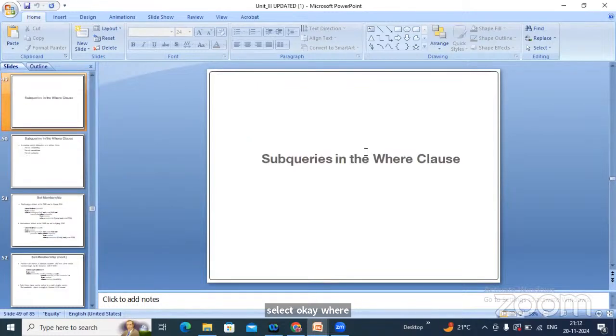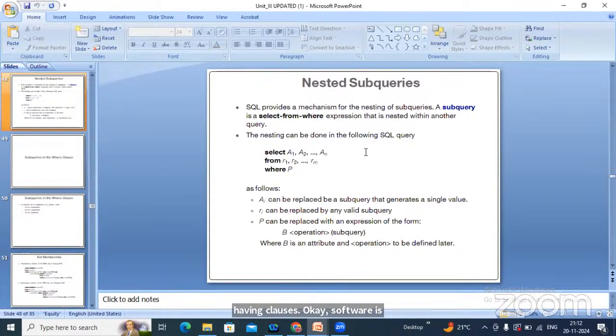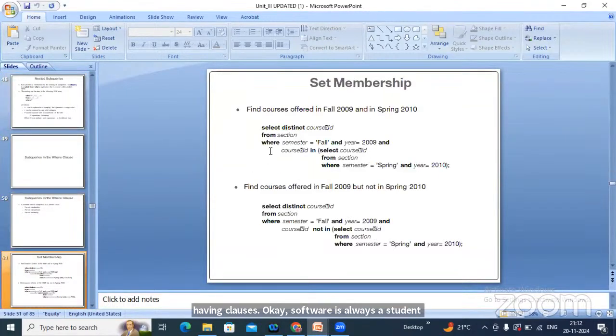A subquery can be implemented with any DML statements, which are nothing but select, update, insert, delete, along with operators like equal to, not equal to, less than or equal to, in, between. There are two parts: the left side is called the outer query.